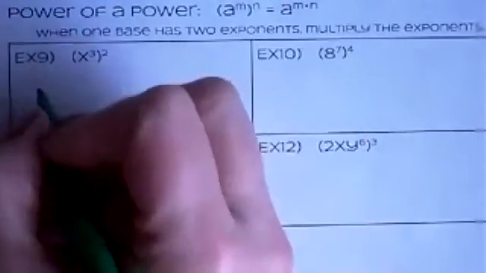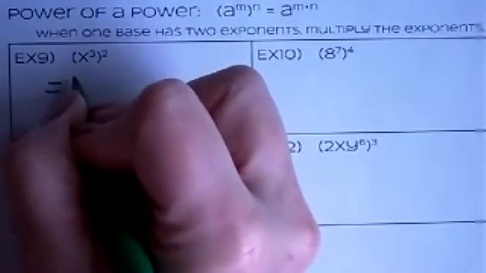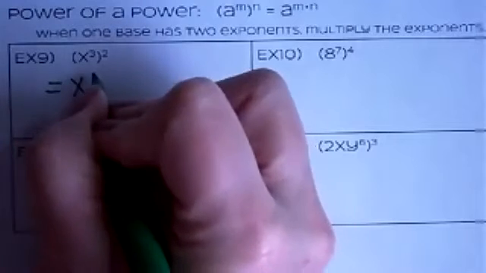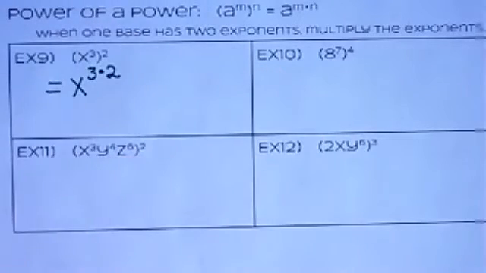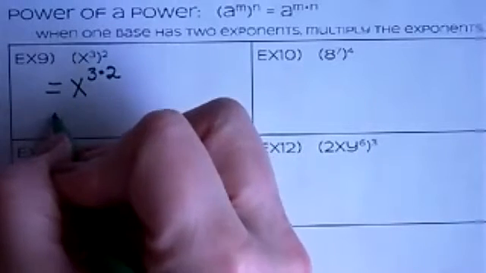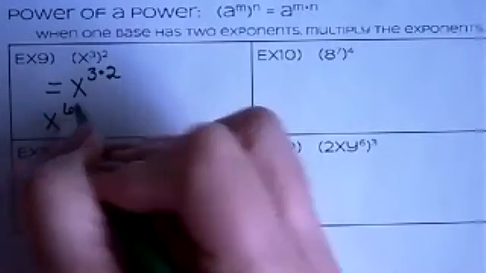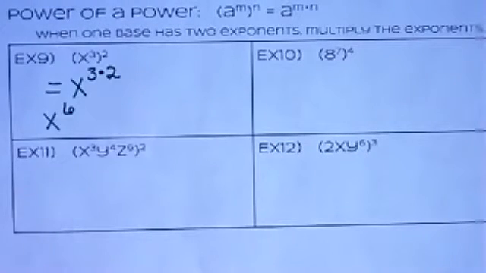Different ways to say it, but to show the work, I'm going to say x, and then I'm going to do 3 times 2, making sure I'm writing big enough, but you can see that the 3 and the 2 are exponents, and that the dot is a multiply, not a decimal. So that's going to give me x to the 6th power. And I'm done. That's not too bad. Now, look at number 10.